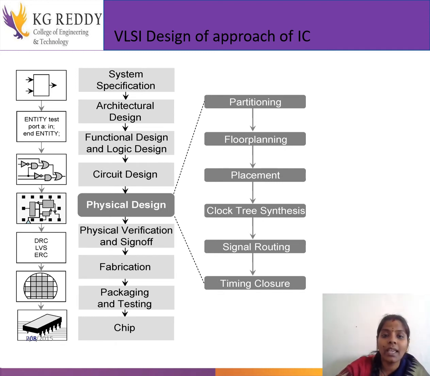Once I have the specifications, the designer should know how the system will look, meaning the complete architecture of the system you want to design. So we took the specifications and we accommodate them to form the architecture of that particular system. Then we have the functional design and the logical design.